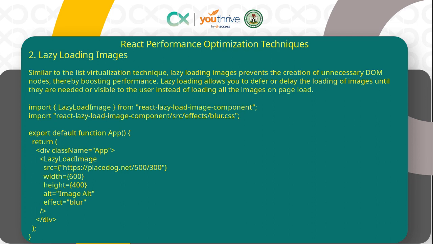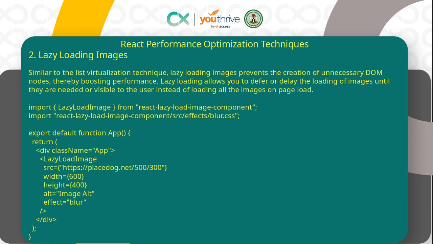Lazy loading allows you to defer or delay the loading of images until they are needed or visible to the user, instead of loading all the images on page load. This is similar to what list virtualization does. It loads only as many list items as can be shown within the view you specify, and the remaining ones will be unloaded.